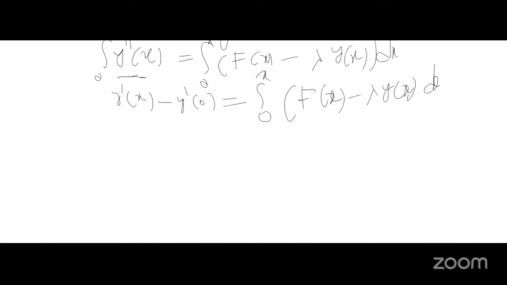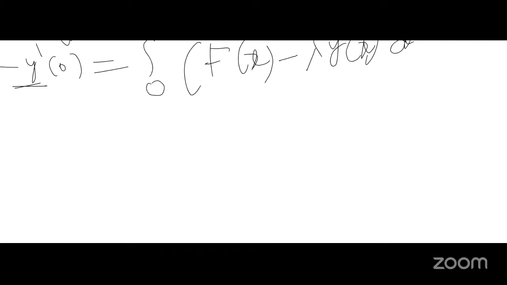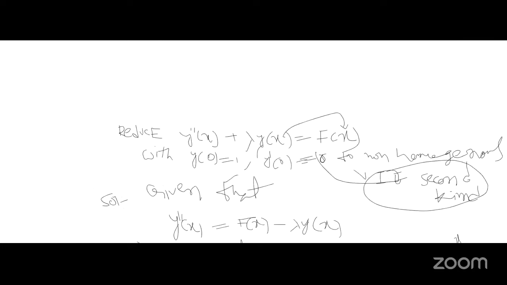Now, they have given in the question that y dash of 0 equal to 0, no? So we have to substitute there.